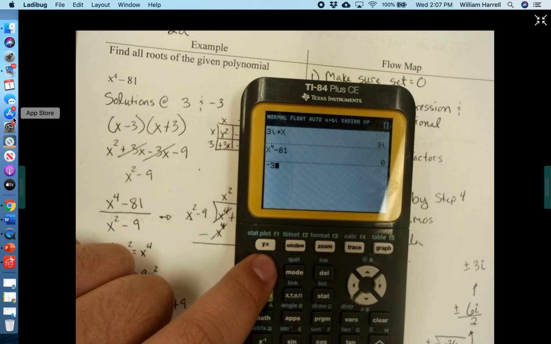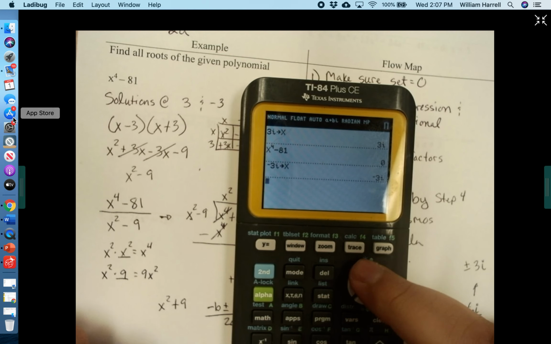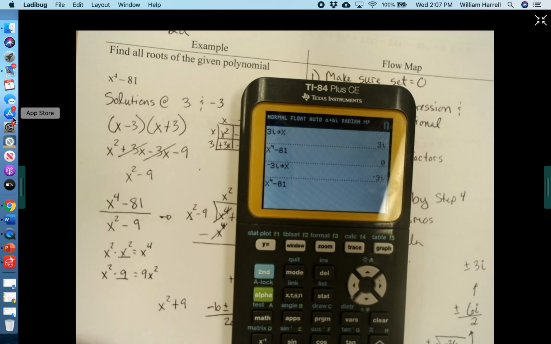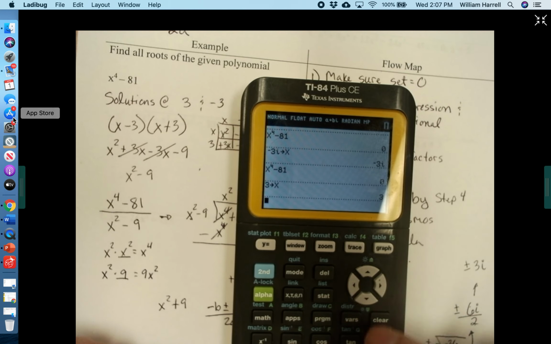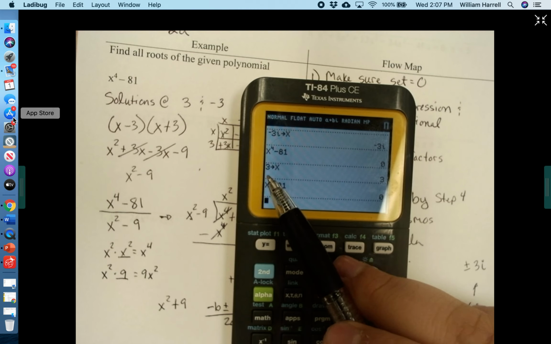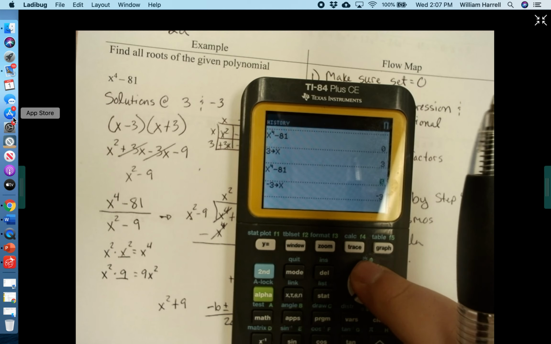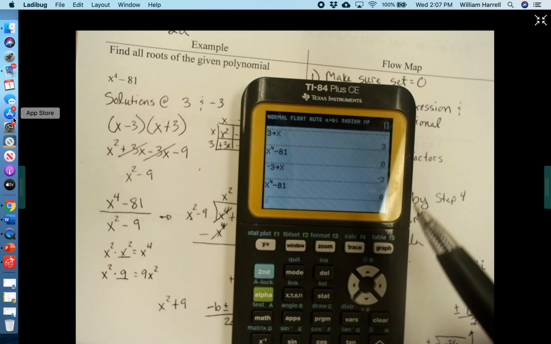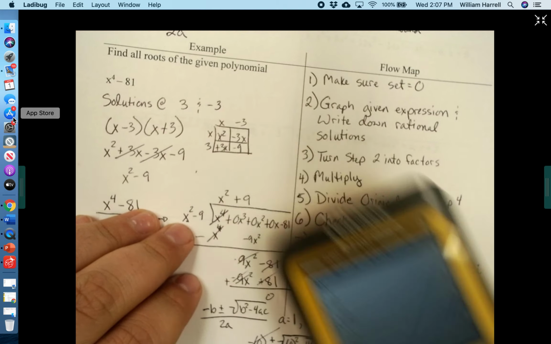Negative 3, second decimal, i, store x, enter, and then again, I check and I verify: 0, 0. Okay? And I can also do the same thing with my real solutions, or my rational, my pretty ones. See, when I plug 3 in, evaluate it, it gives me 0. Negative 3, store x, enter. Evaluate it again, I also get 0. Okay? So it's a lot of work.